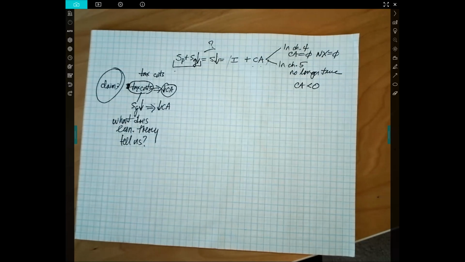But we know from economic theory that this would assume the marginal propensity to consume is zero. In other words, the additional spending out of an additional dollar of income is zero. That's probably not the case. It's also called Ricardian equivalence, which we learned about in earlier chapters.